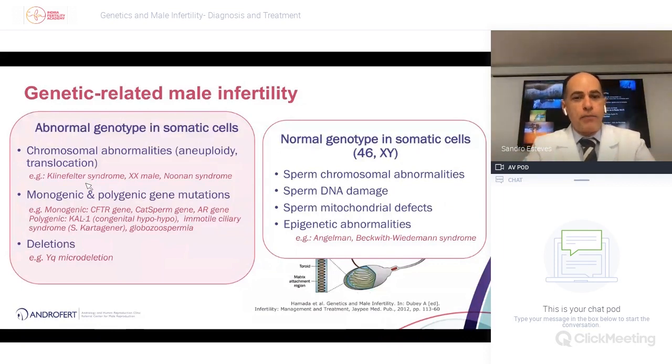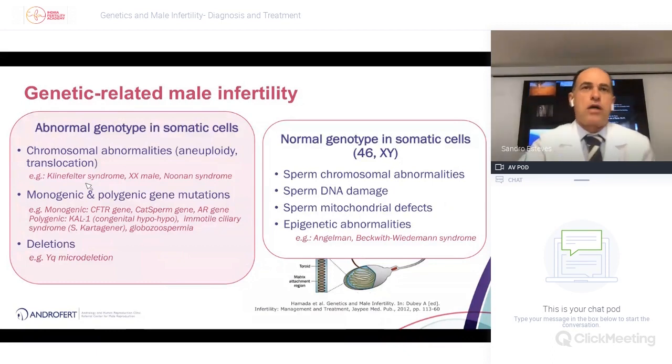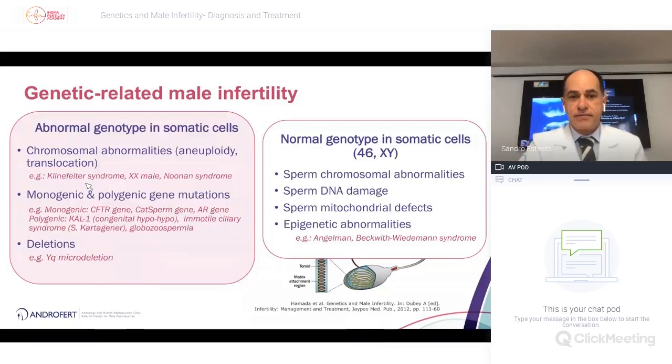Then there are monogenic and polygenic gene mutations. Again, these are abnormal genotypes because all somatic cells will have this characteristic. For instance, mutations affecting the cystic fibrosis gene, CFTR mutations, will cause congenital bilateral absence of the vas deferens.